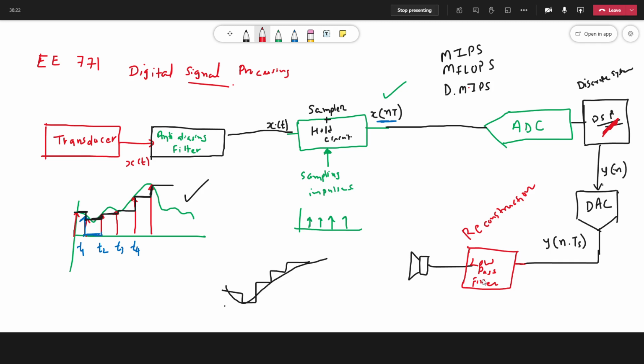Suppose your application doesn't need to play music signal. It may be a numerical relay. So numerical relaying, maybe let's take an example of numerical overcurrent relay. So what is the function?